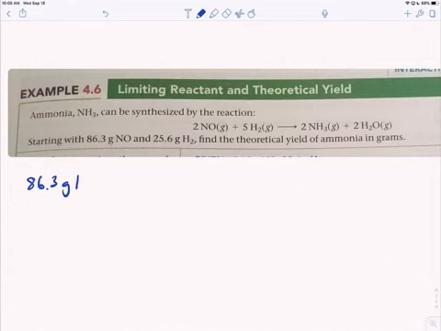Okay, so start off with both: 86.3 grams nitrogen monoxide, and I'll just put it in here, 25.6 grams of hydrogen. We do the same thing, dimensional analysis.